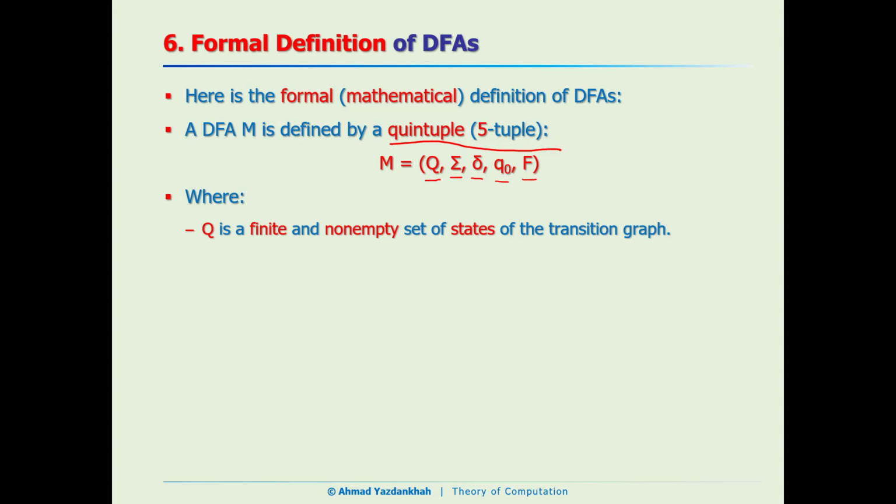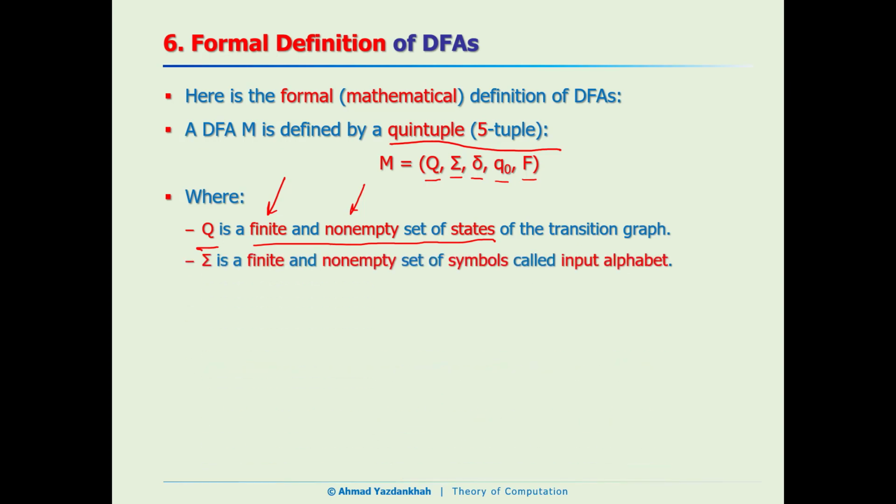So the Q is a finite and non-empty set of states. You remember we said the number of states should be finite and it should be non-empty, because if the set of states is empty, we don't have any DFA, right? So it is a set, it is finite, and it is non-empty.